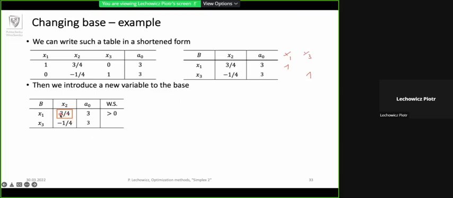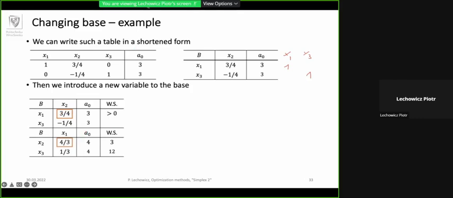So this coefficient has to be positive, so we can only select this basic variable to move it out from the base and to introduce the free variable x2 into the base. And to do this, we make a pivot on this variable.